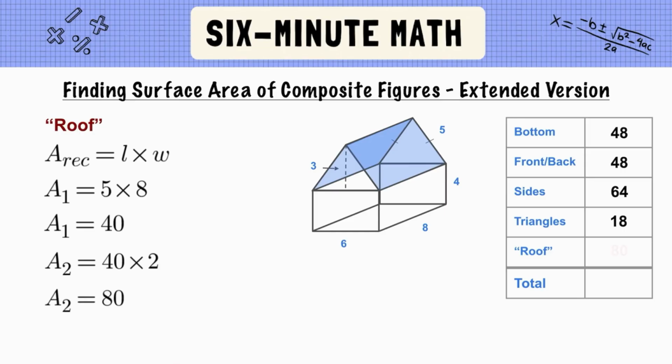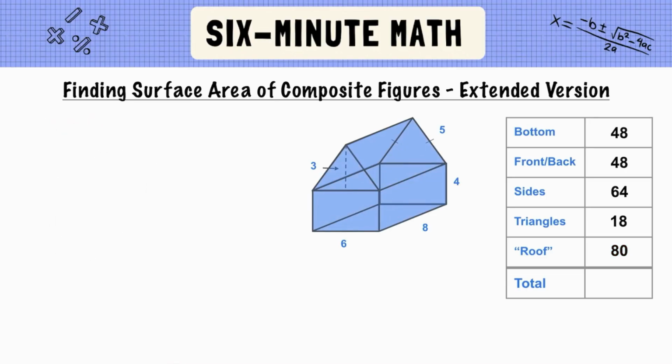So my roof is 80. I have found all the sides of my composite figure. So my last step is to add them up. 48 plus 48 plus 64 plus 18 plus 80 is going to be 258, which is the final surface area of my composite shape.